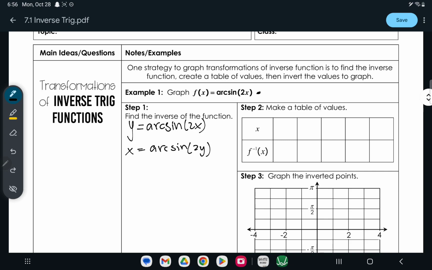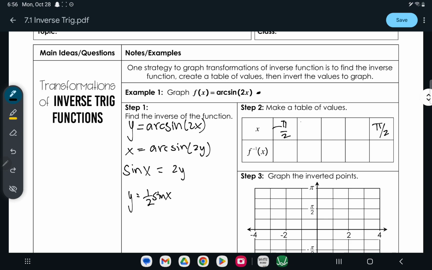So y is within the trig function, so I have to undo the trig function by taking the sine of both sides. So sine of x equals 2y, and then I can divide both sides by 2. So what I have as my guide is y equals 1/2 sine of x. And then remember, we can restrict the domain of sine to being -pi/2 all the way to pi/2.